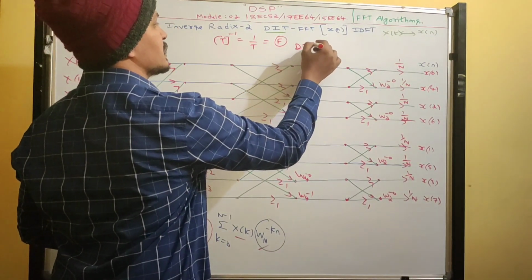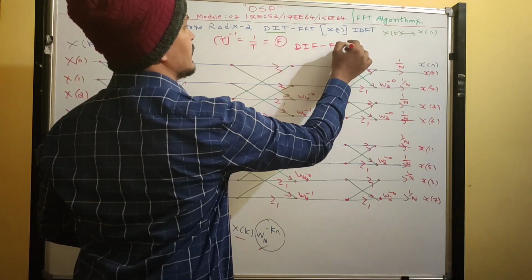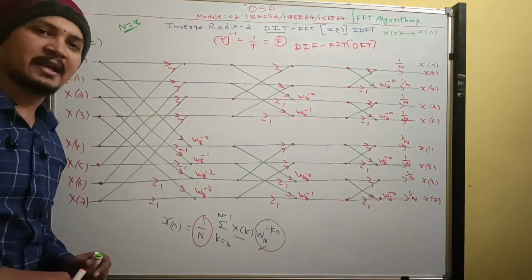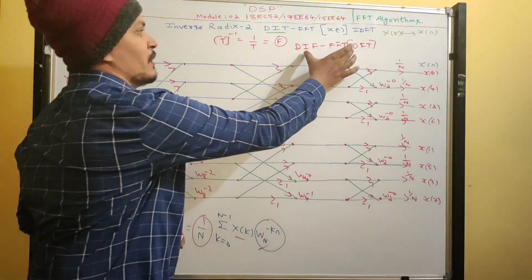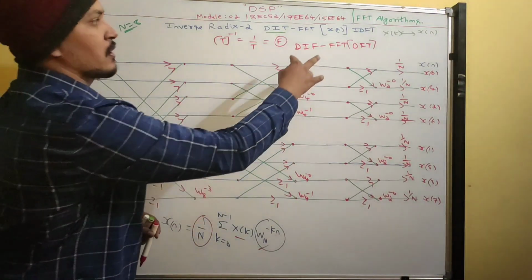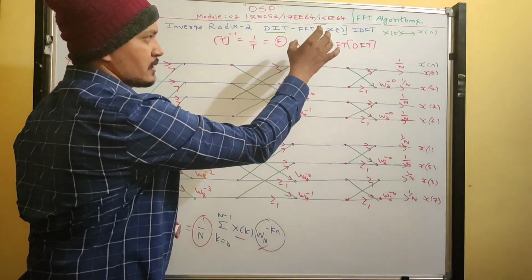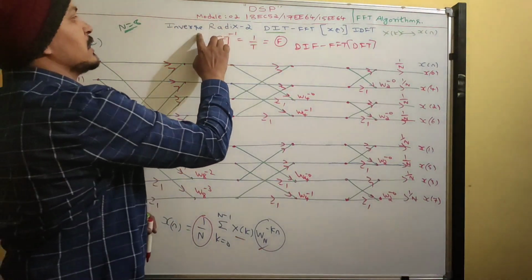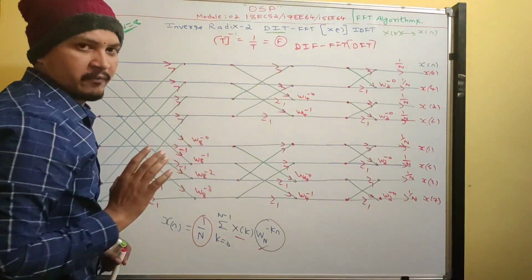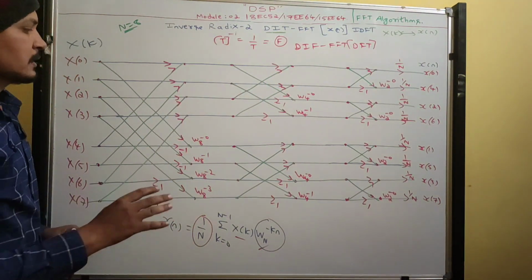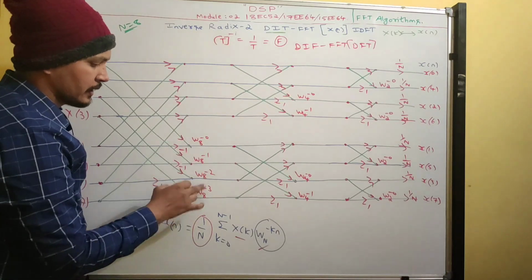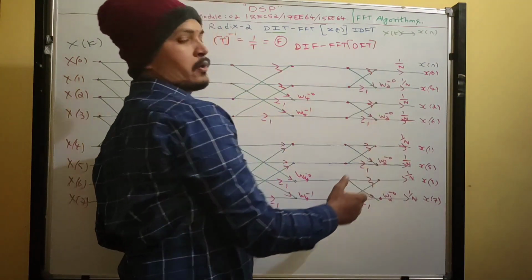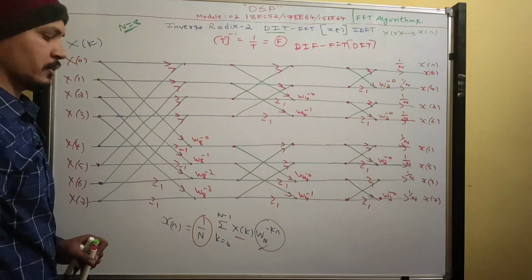Therefore, you will get decimation in frequency, DIF FFT, but the computation will be the DFT. So the signal flow graph I wrote for radix 2 DIF FFT, the same signal flow graph you should write for inverse radix 2 DIT FFT. The only thing is, twiddle factors should be written in negative powers, and at the last you include the factor 1 by n. Okay, got it?